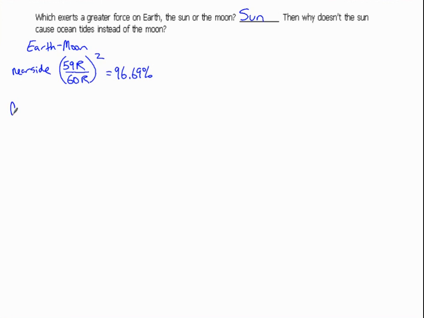From the far side, so the bigger number goes on the bottom, 61r, and the smaller one on top.